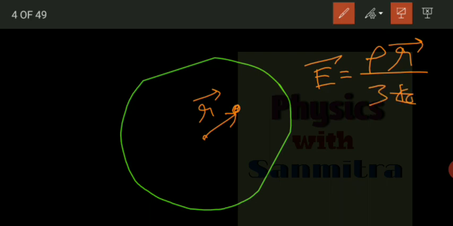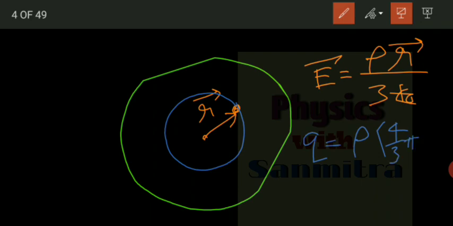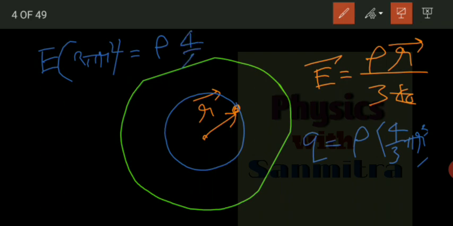We can derive this by Gauss law. We'll take the charge Q enclosed. Q enclosed will be rho into 4 by 3 pi r cube. Now E dot ds, E into 4 pi r square is equal to rho into 4 by 3 pi r cube by epsilon naught.